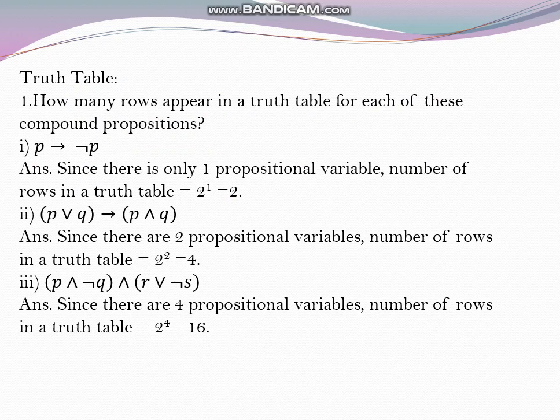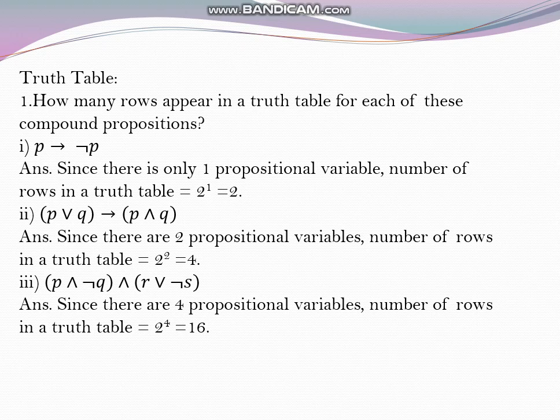How many rows appear in the truth table for each of these compound propositions? The first one, P implies negation P. Since there is just one propositional variable, which is P, the truth table will contain how many rows? 2 raised to 1, so there will be 2 rows only. The second is P or Q implies P and Q. Since there are 2 propositional variables, the number of rows will be 2 raised to 2, that means 4.